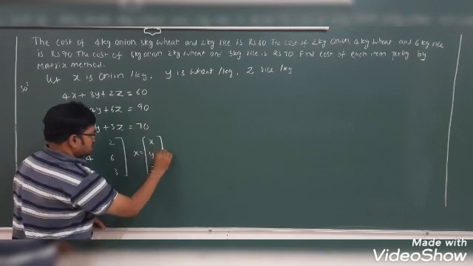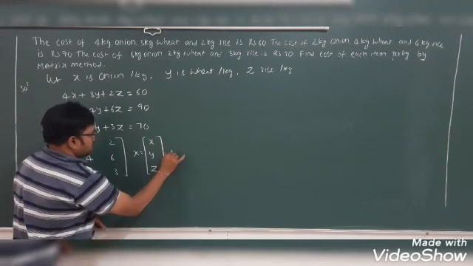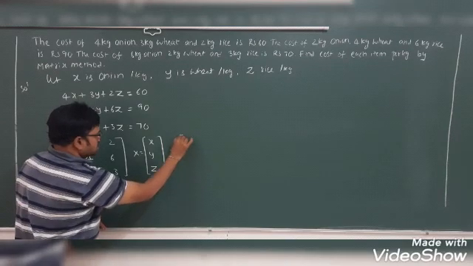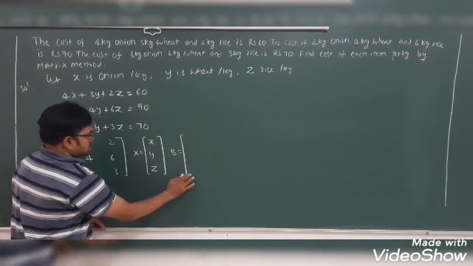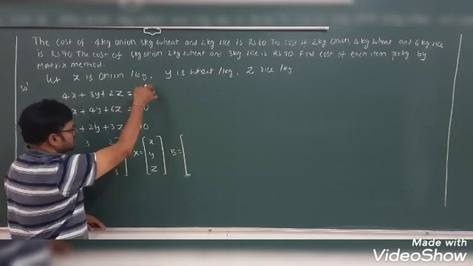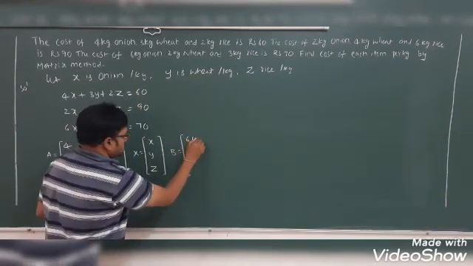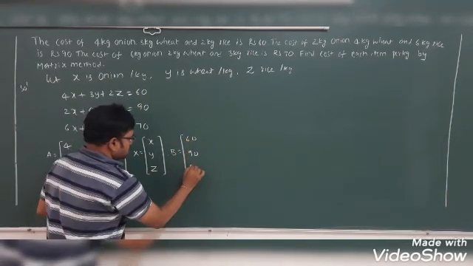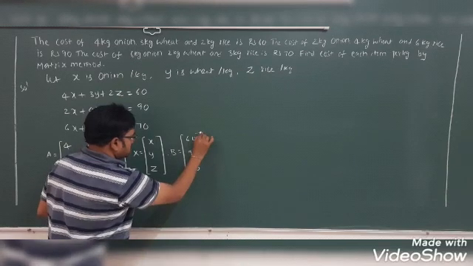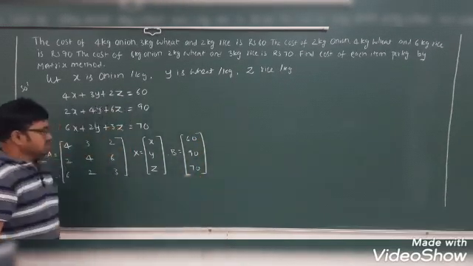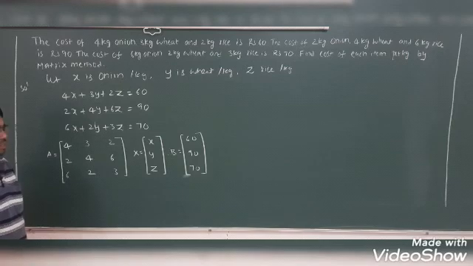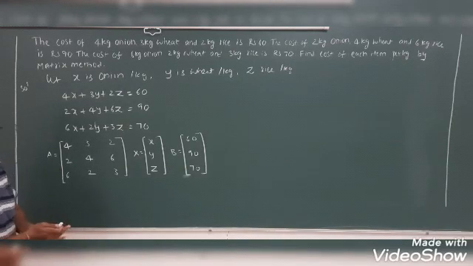This is x, y, z. And next, consider the matrix B, which is the cost, the constant values 60, 90, and 70. Here, we have to find these values.